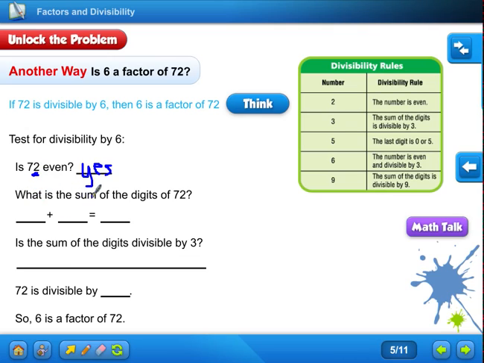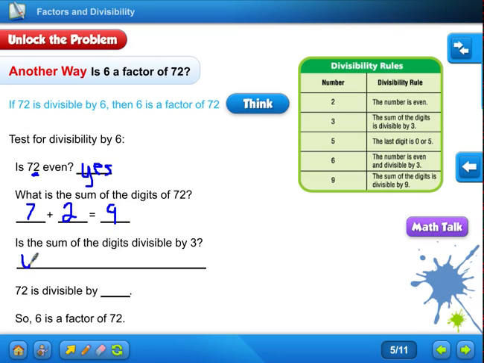What is the sum of the digits of 72? The digits are 7 plus 2, and the sum would be 9. Next question, we're just going off of this chart right here. Is the sum of the digits divisible by 3? So is this 9 divisible by 3?